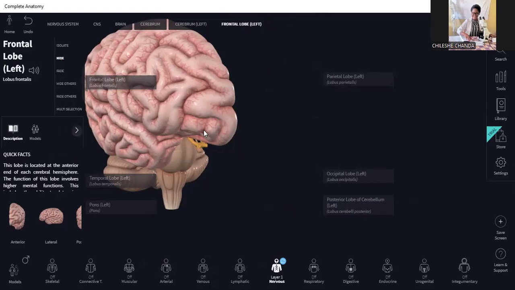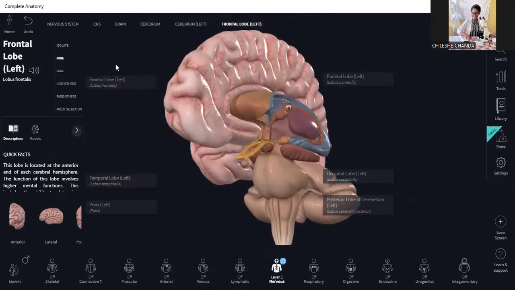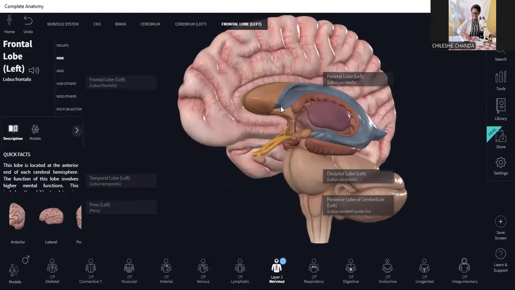All these projections are known as gyri. And separating these gyri from one another, we find the sulci. All these sulci have different names and functions, and they separate several gyri from one another. We will also notice that within each cerebral hemisphere, you're going to find white matter, which we're going to talk about in another video. Today, we shall focus on the external surface of each cerebral hemisphere.